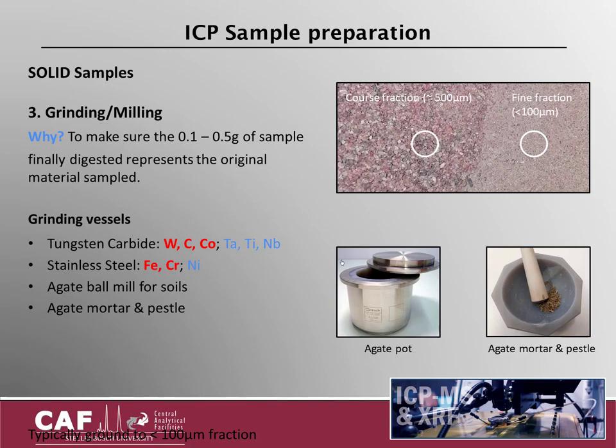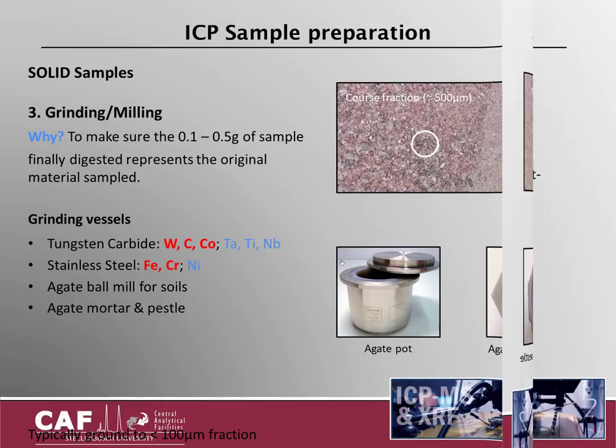If you use a stainless steel grinding mill, you could contaminate iron, chromium and nickel. For soils, it's best to use agate ball mills or agate mortar and pestle for plant samples, anything that requires milling without contamination of trace elements.